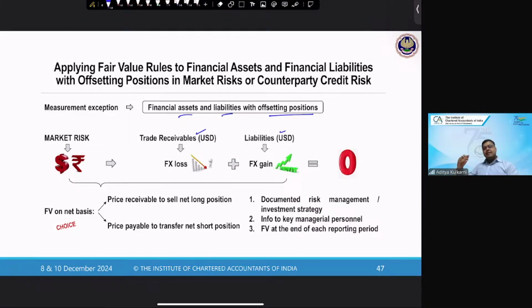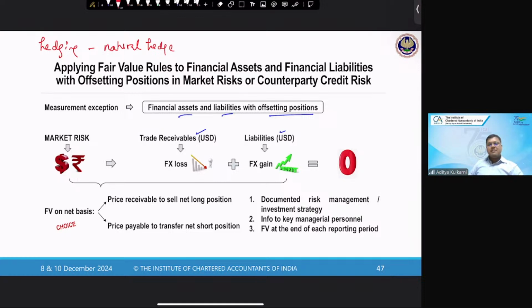So can I say that my trade receivables and liabilities can offset each other to give me a benefit of the exchange rate fluctuations, to eliminate the uncertainties of exchange rate fluctuations? Can we say that? Yes, sir. See, you people have studied hedging. In hedging, the first thing you would have studied is natural hedge.